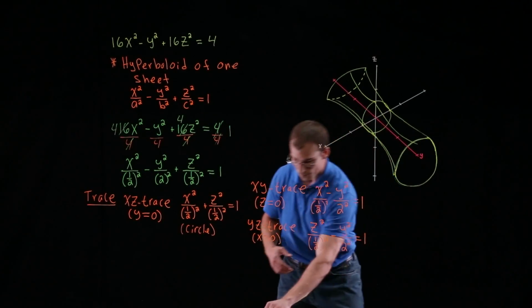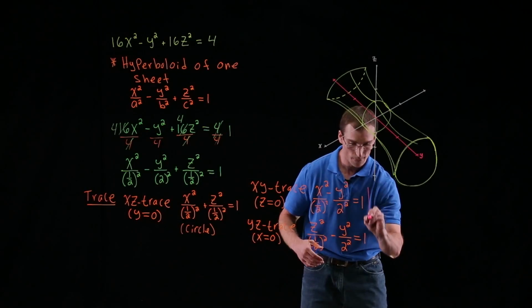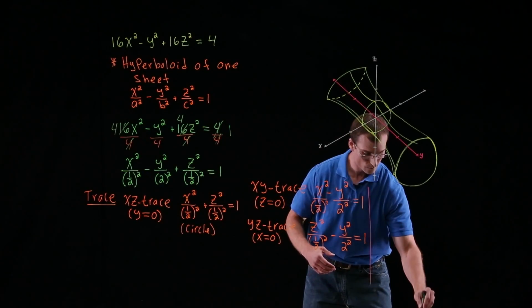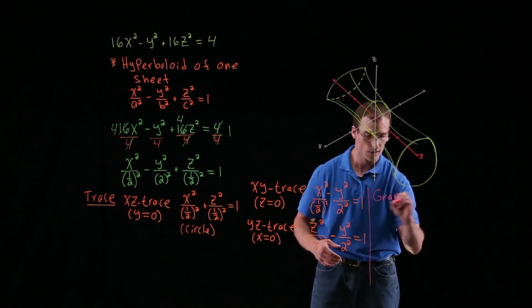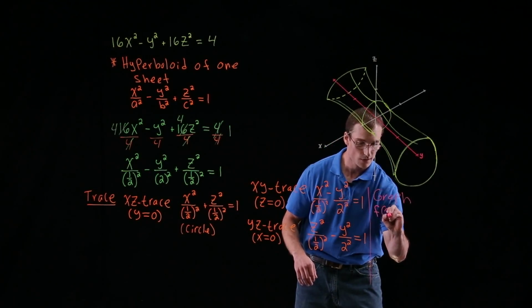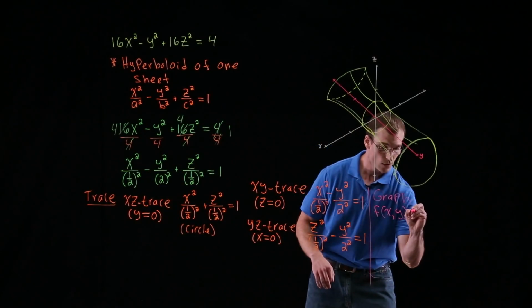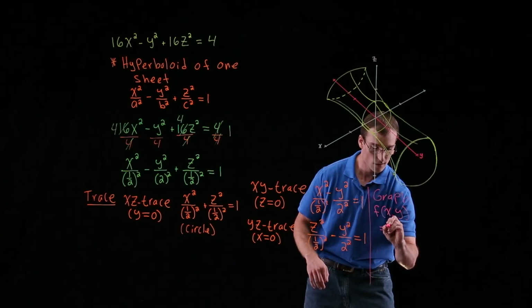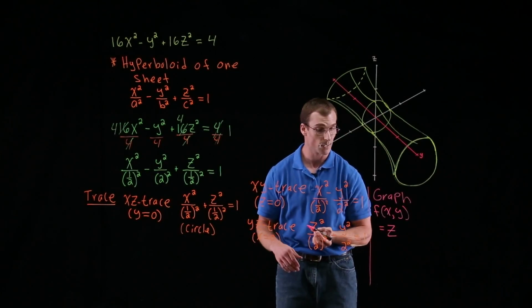So what we need to try and graph this, okay, is we're going to write this as some function f of x and y, or namely, we're going to solve this original equation for z. Okay?